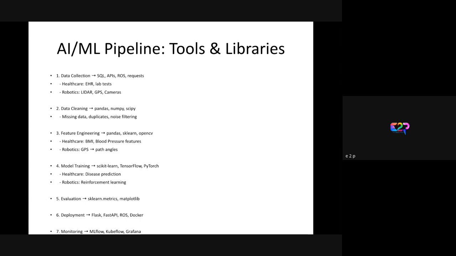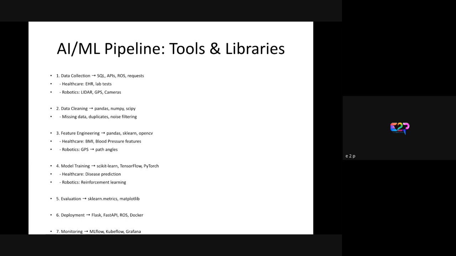At least those basic things you should know in deployment. We'll also try to teach you that. Up to evaluation we will teach very well, but Flask, FastAPI, ROS, and Docker are a little bit out of the syllabus. But if you learn those things, that will be good for you.